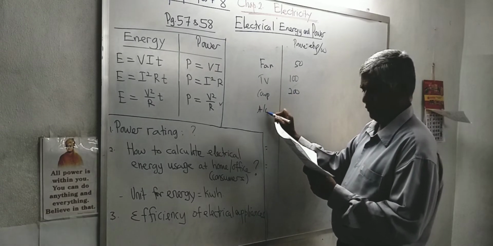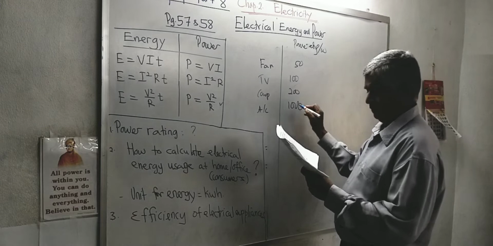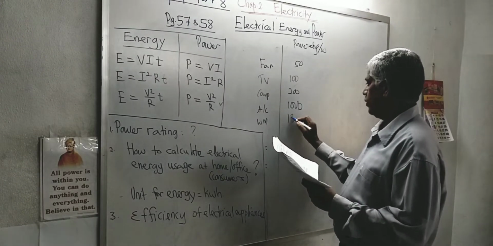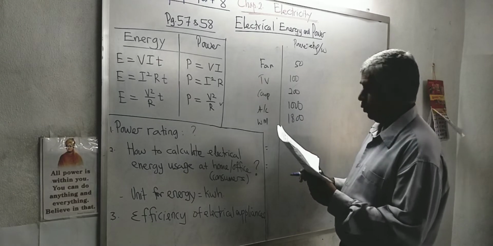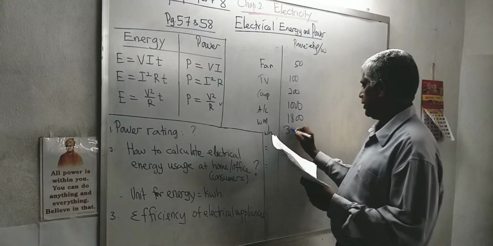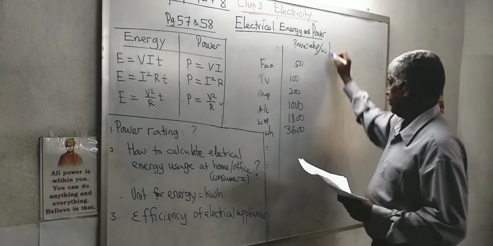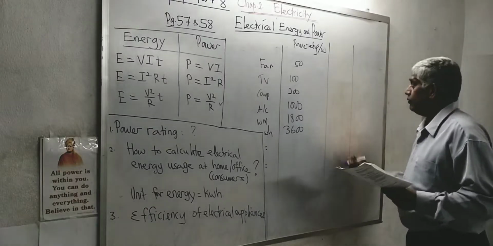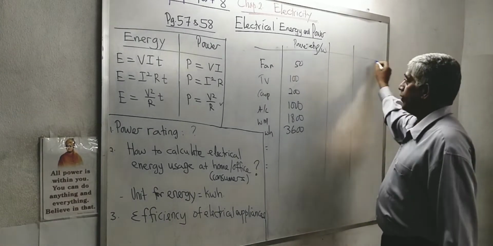Aircon 1000 watt. Washing machine 1800 watt. Water heater 3600 watt.